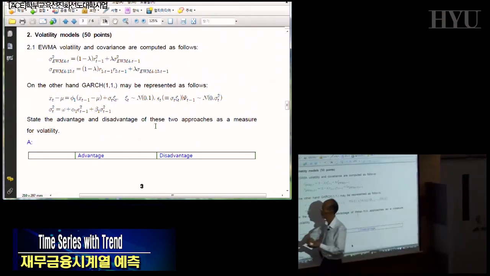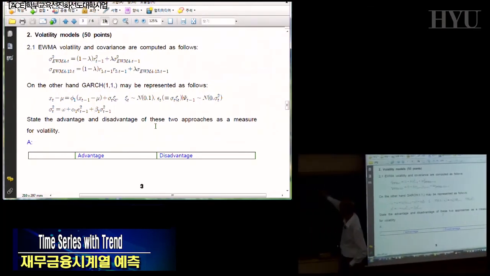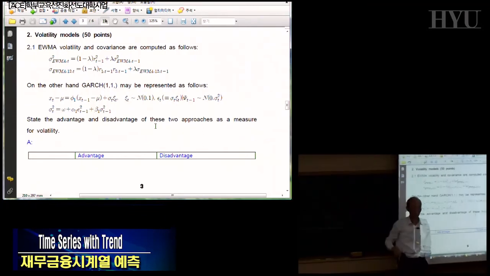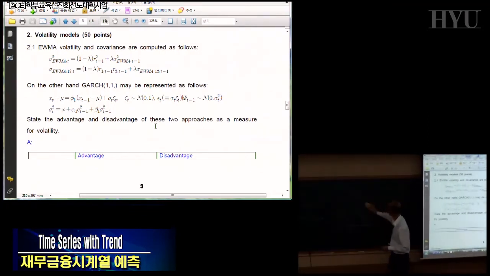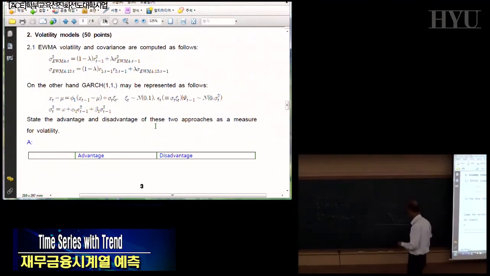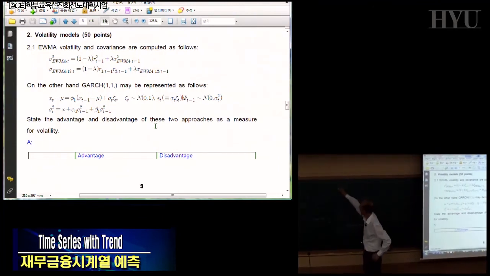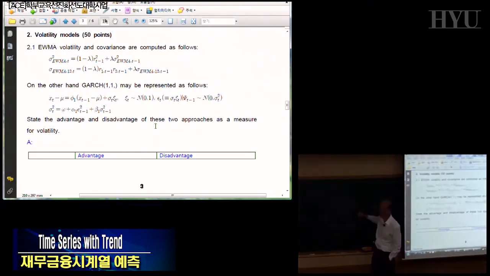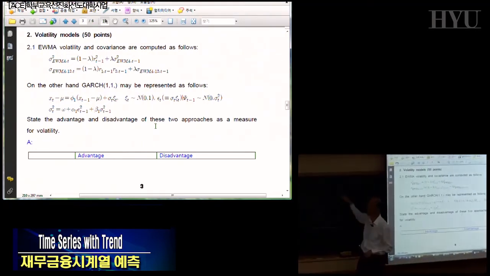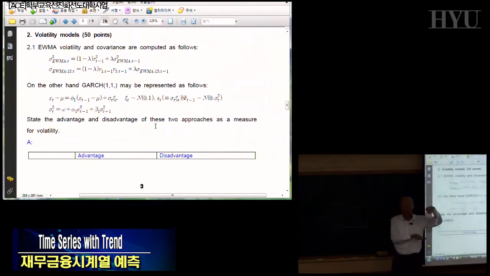So you have fitted residual from the GARCH-1-1 model. And if you look at that one, usually we say residuals have mean 0 and sigma squared is the variance, right?